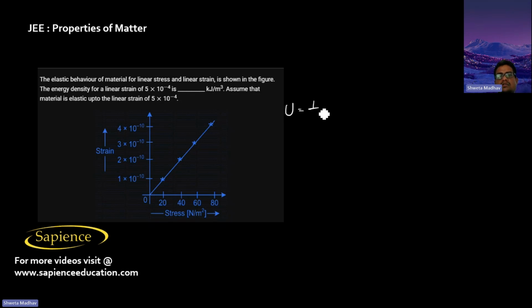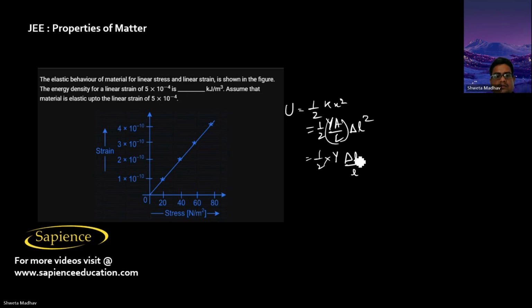So you know that energy stored in the string, that is equal to half of kx square, that is equal to half Y A by L into delta L square, which is, let's say, half into Young's modulus into delta L by L whole square into the volume.